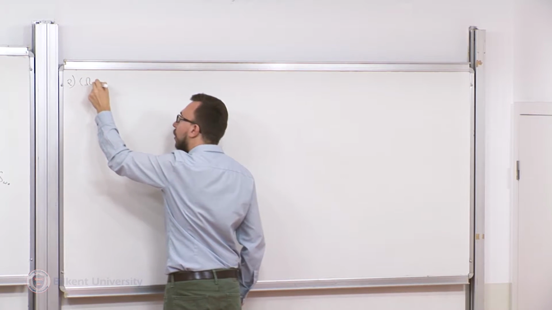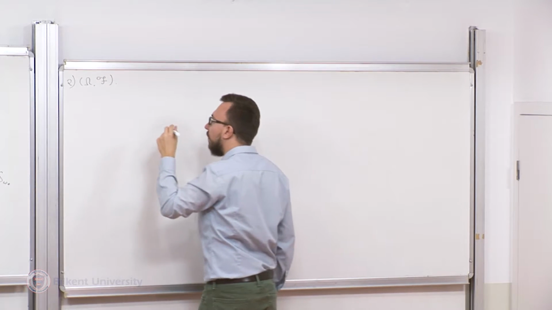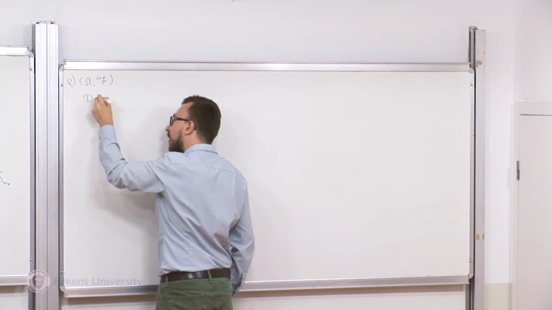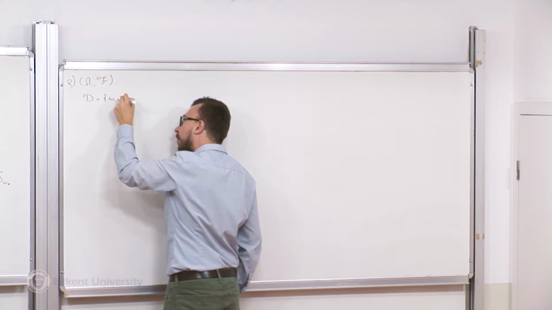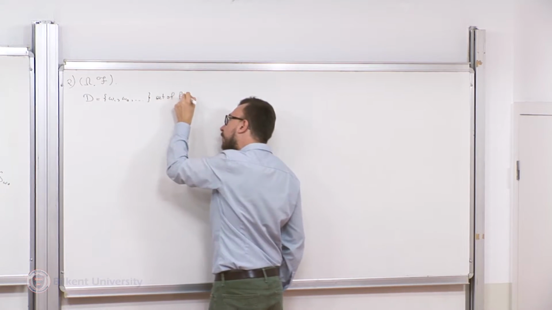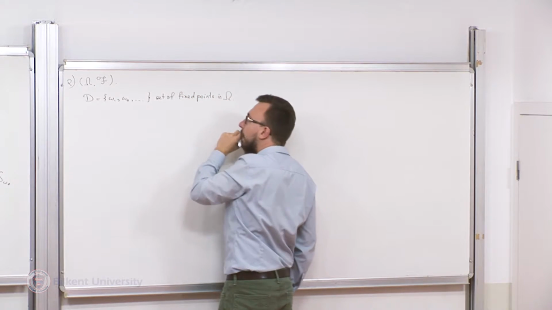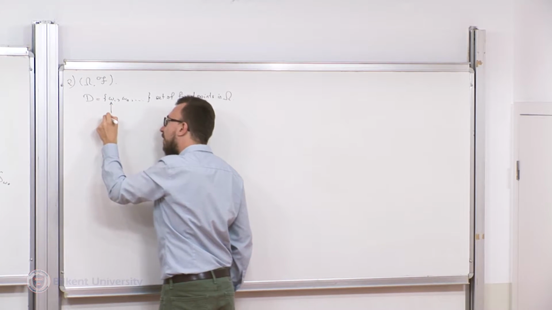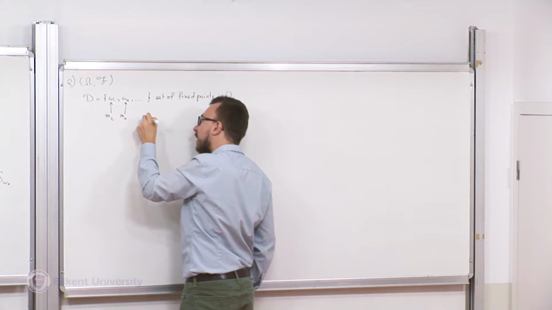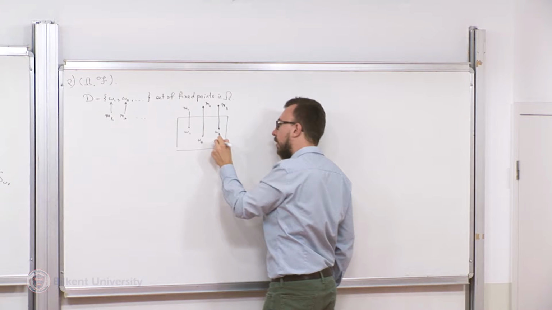So again, you have omega, and you have now a set of fixed points, omega 1, omega 2, and so on, in omega. And to each of them, you have a mass, m1 kilograms, m2 kilograms, etc.